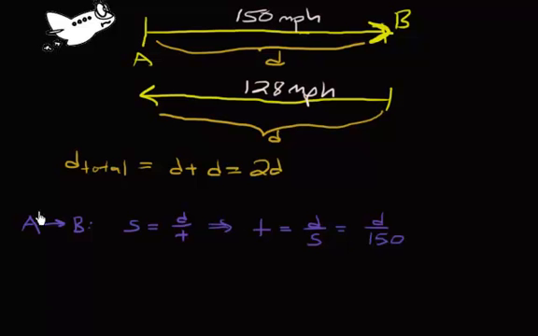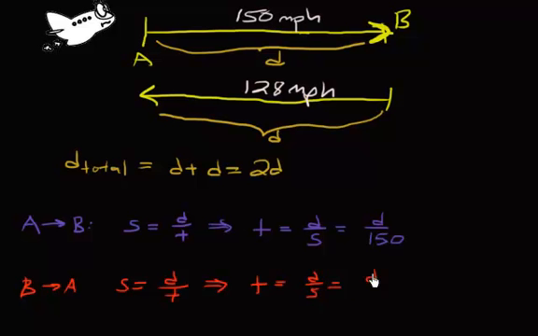All right, now when we want to go from B back to A, it's going to be the same thing. We know the speed. I'm just writing down the formula we're using, but I'm going to solve for T. So that's going to be D over S, but it has a different speed, right? It's still traveling the same distance.